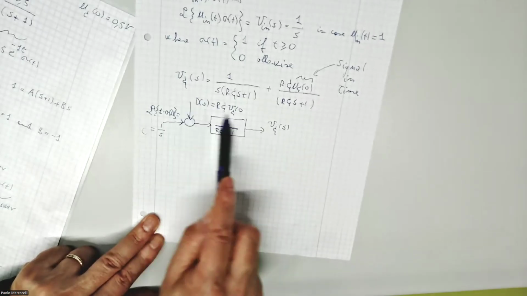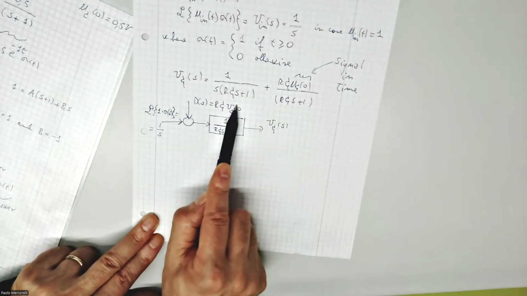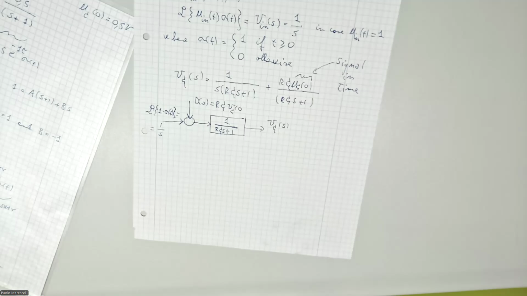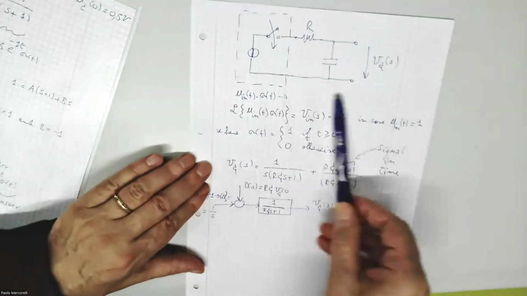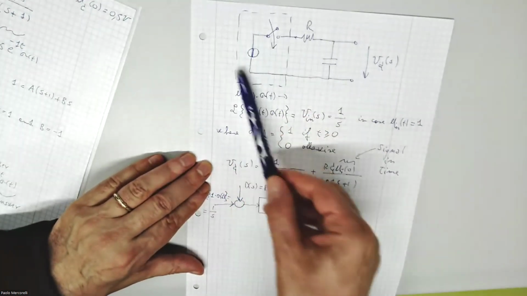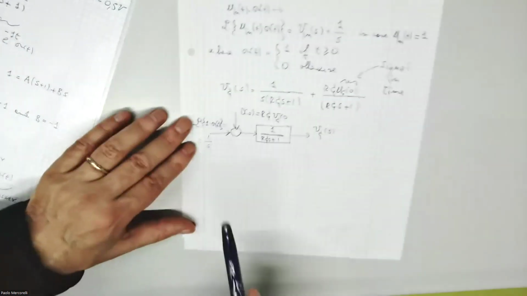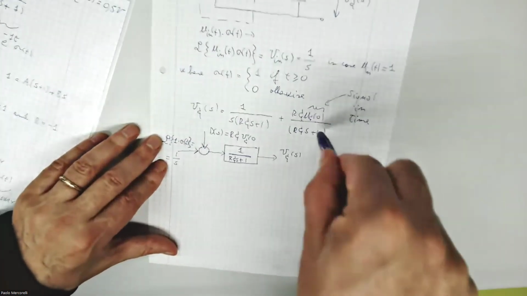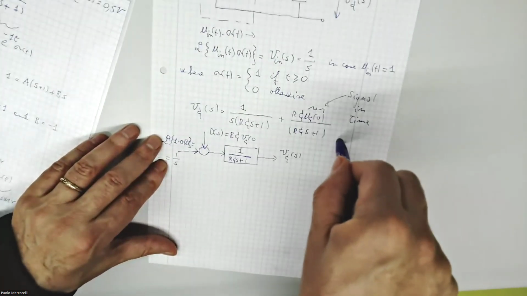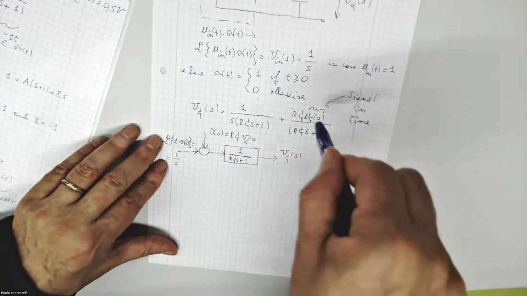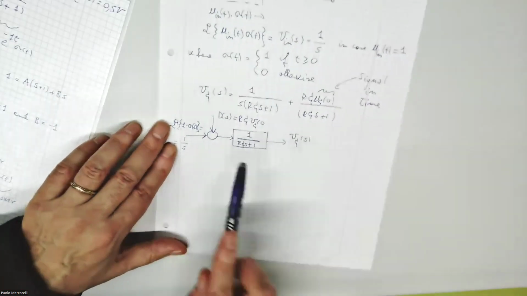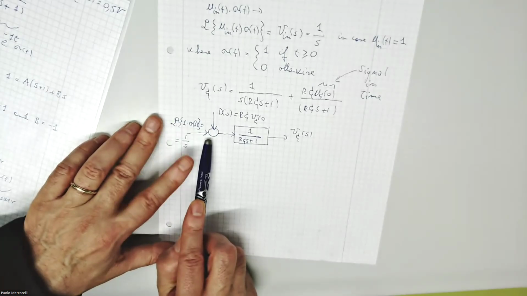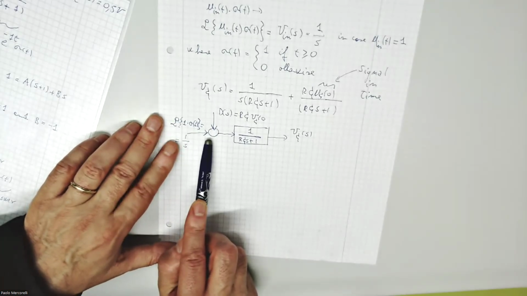Now we can see how we can consider this disturbance in a different position of the loop. I mean, if I want to control this system here, the disturbance, which is represented by the initial condition, is an input of the system.